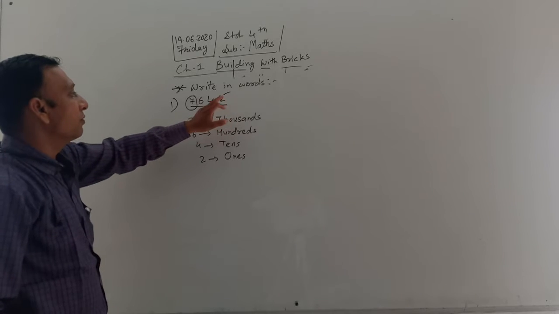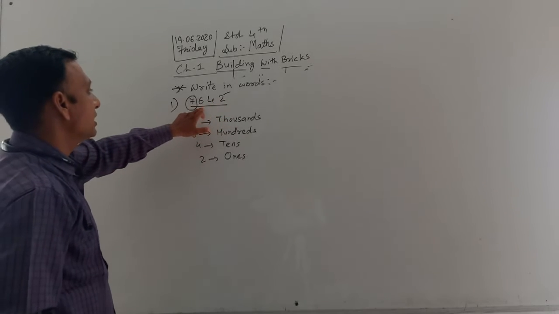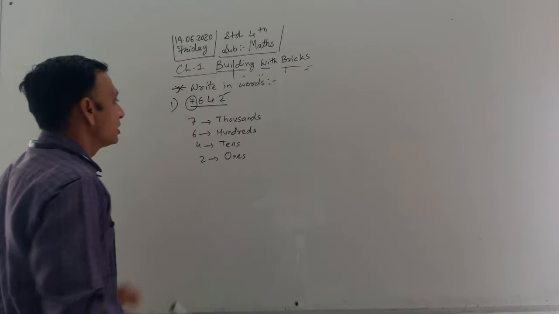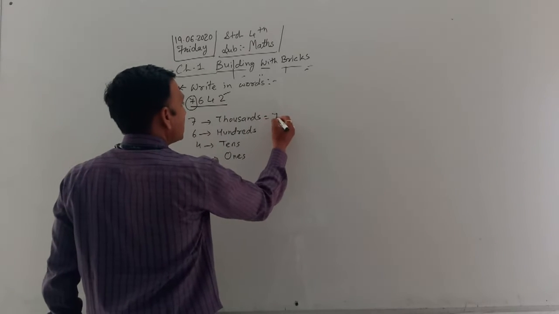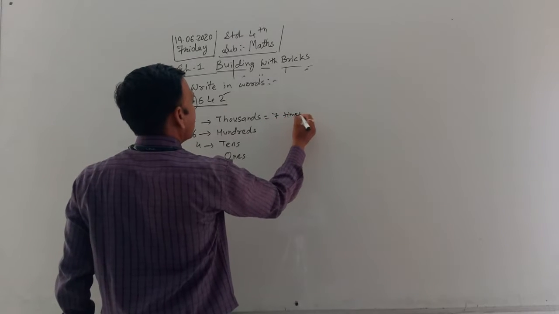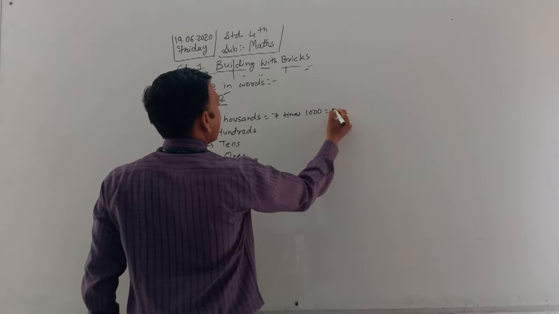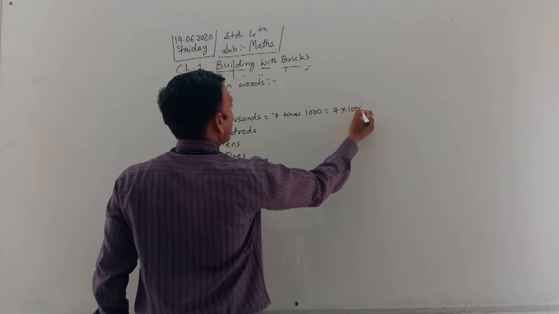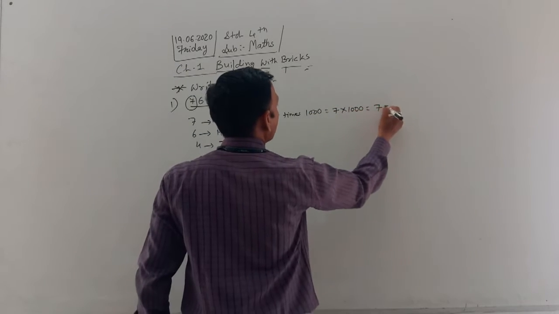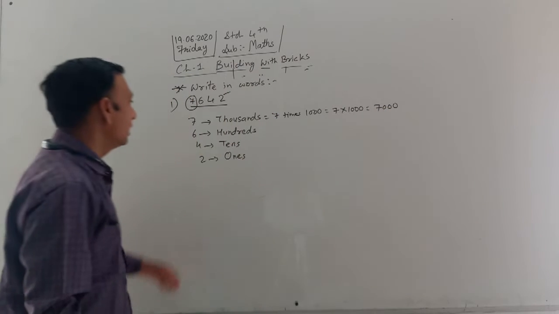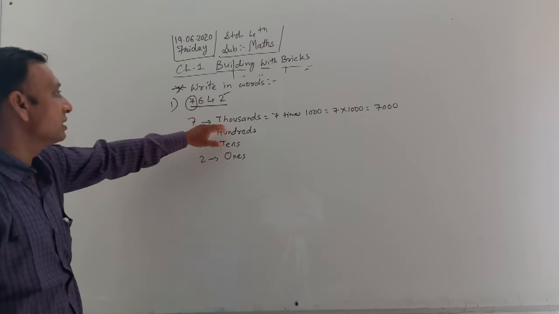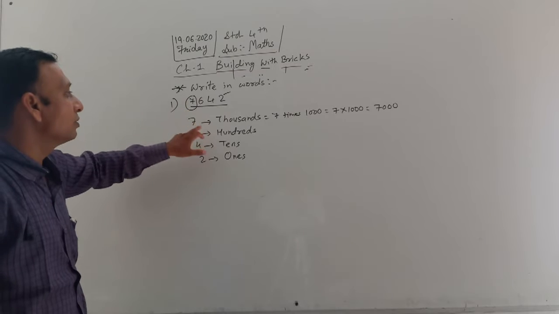Understand? 2 is at ones place, 4 is at tens place, 6 is at hundreds place, and 7 is at thousands place. Thousands place means what? 7 times 1000. That is 7 into 1000 is equal to 7,000.